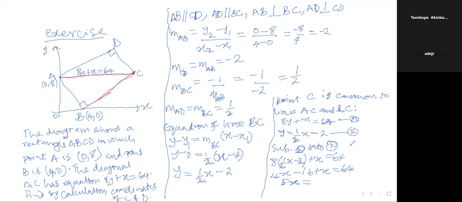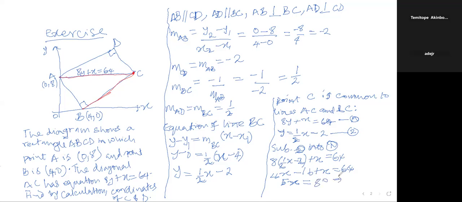Don't you have your calculator beside you? No, sir. Let me get one. 64 plus 16. That's 82? No, that should be 80.